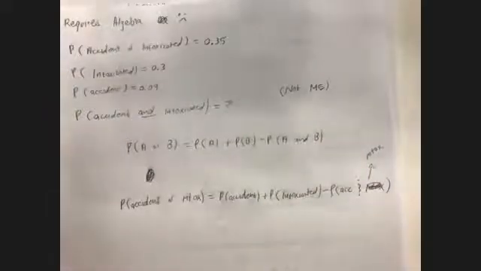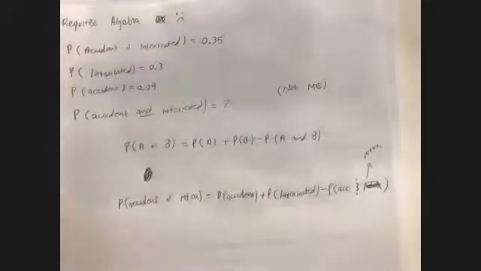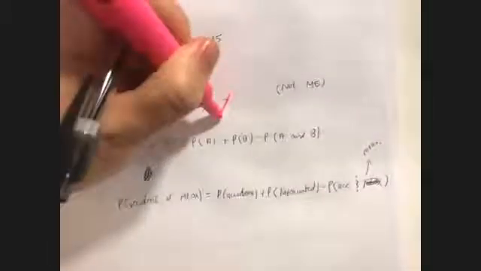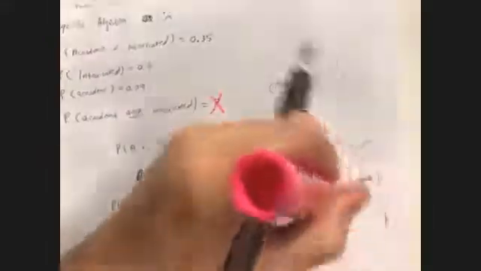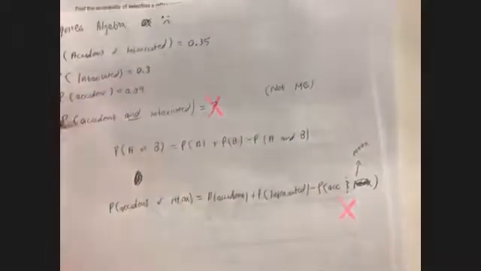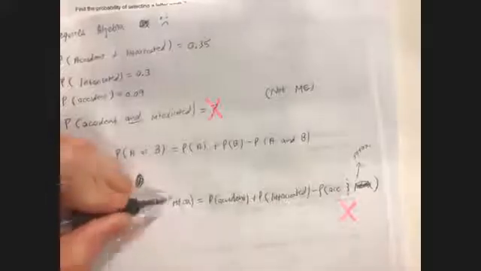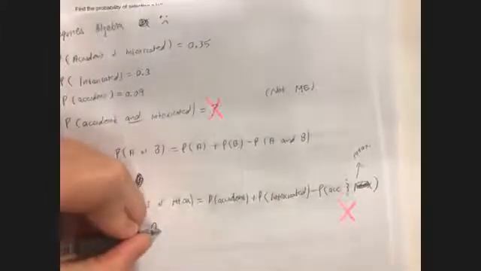So I have all the values except for accident and intoxicated. So let me call that X. Put that X here. So the probability of an accident or intoxicated is 0.35.